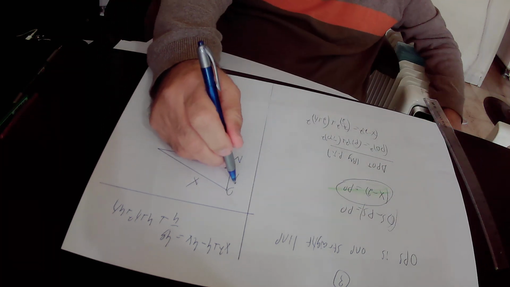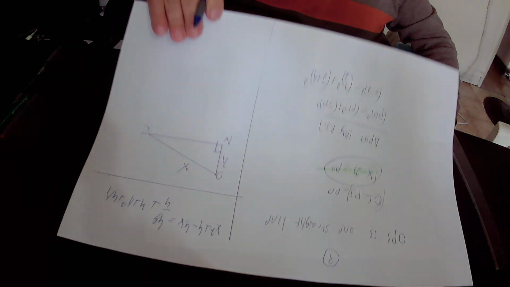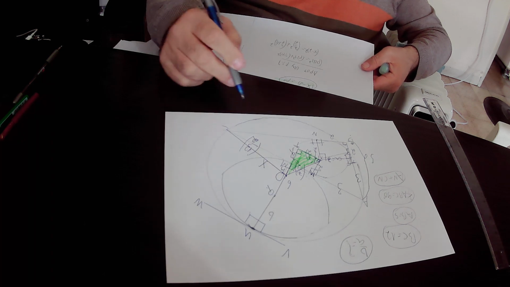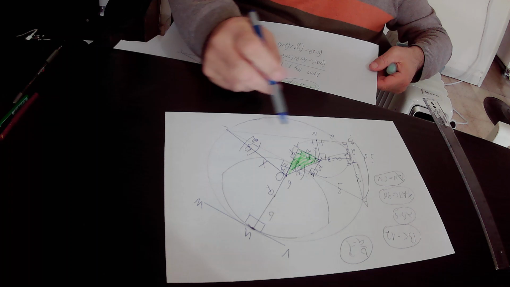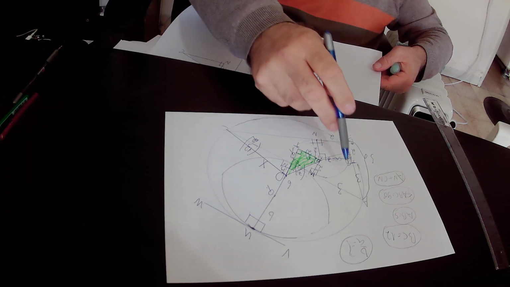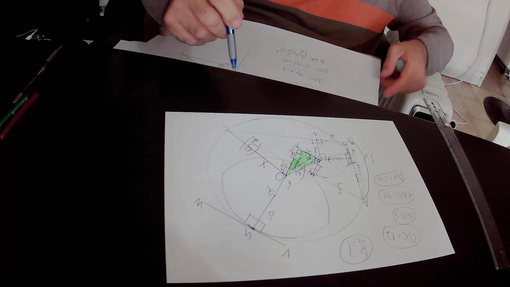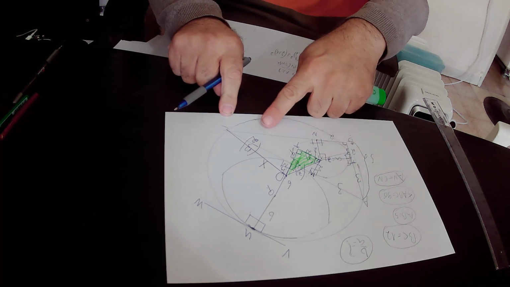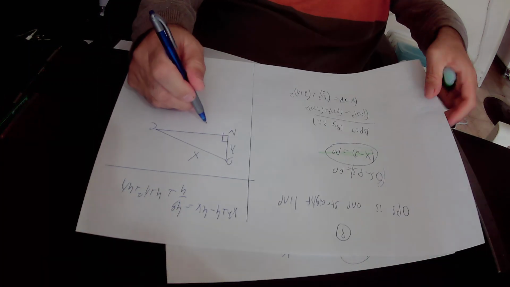ON equals h according to our definition. NC equals 13 over 2. AN equals NC, each of the halves. In total, AC equals 13, therefore each half equals 13 over 2. So NC equals 13 over 2.